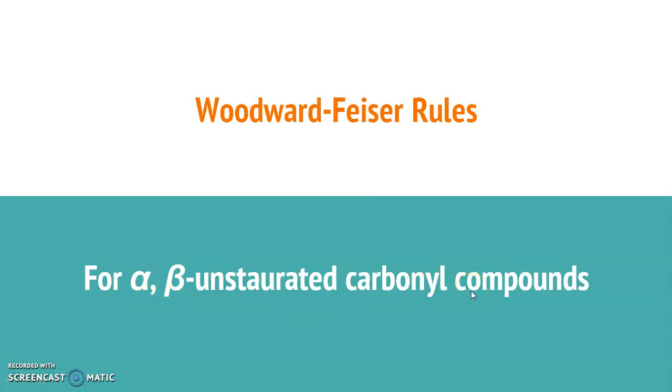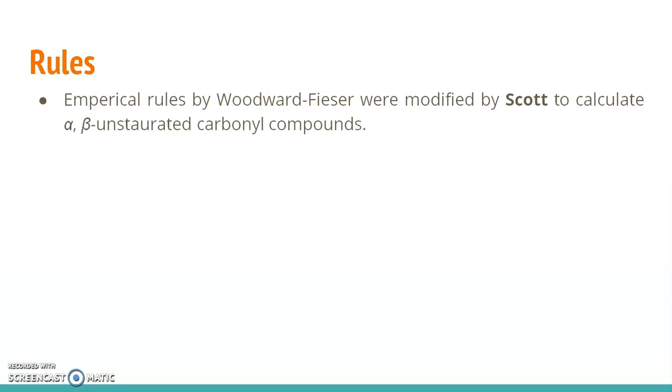There is an additional set of rules which have been modified by Scott in order to calculate the absorption maxima of alpha beta unsaturated carbonyl compounds. So the empirical rules defined by Woodward and Fieser were modified by Scott in order to apply them to alpha beta unsaturated compounds and get the absorption maxima values.